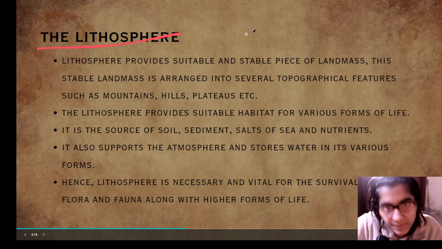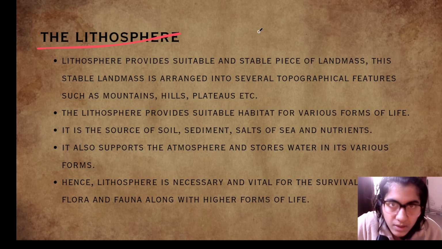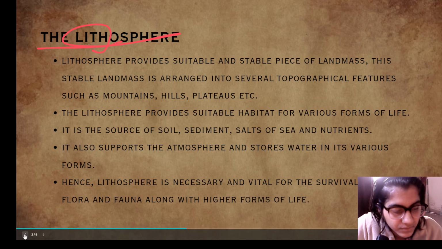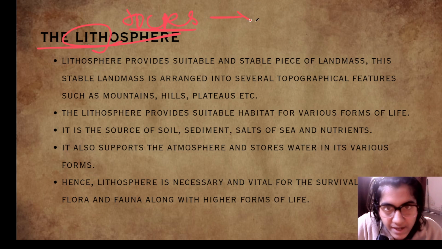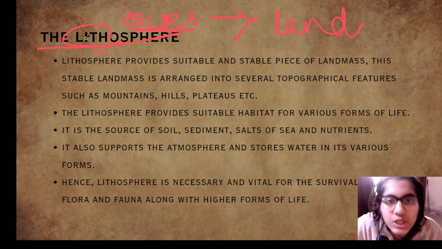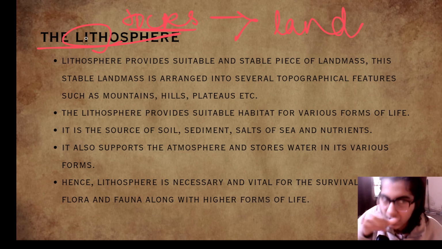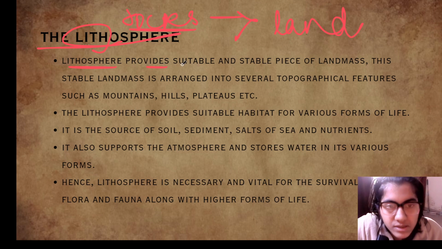Now in the geosphere, four spheres are included, of which firstly we will cover the lithosphere. Litho means rocks, and rocks are on the land, so it is linked to landmass. The lithosphere provides a suitable and stable piece of landmass.